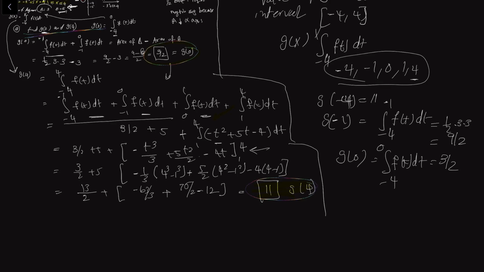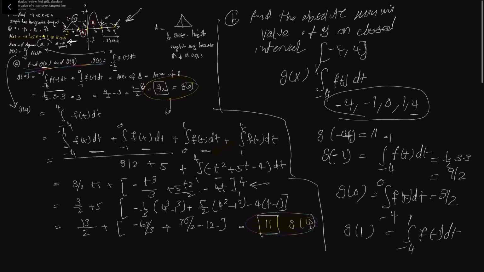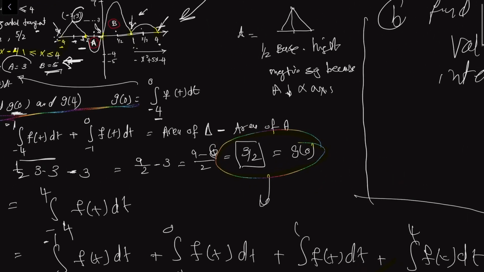And then g of 1 is equal to the integral from -4 to 1 of f of t dt. What's g of 1 here?